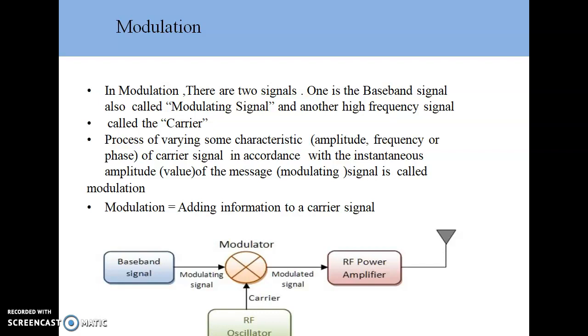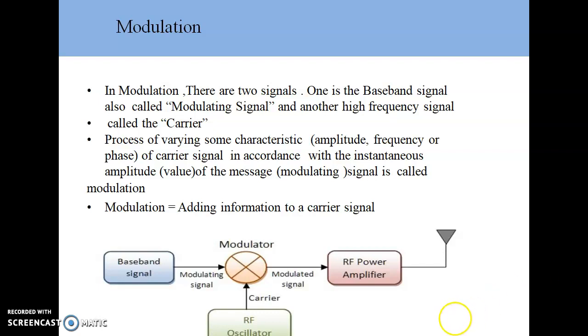The carrier, which is your high frequency signal, either we will vary the amplitude, frequency or phase, and so the process of varying some characteristic of your carrier signal according to the instantaneous value of your information signal is called modulation. Modulation is nothing but adding information to your carrier signal.